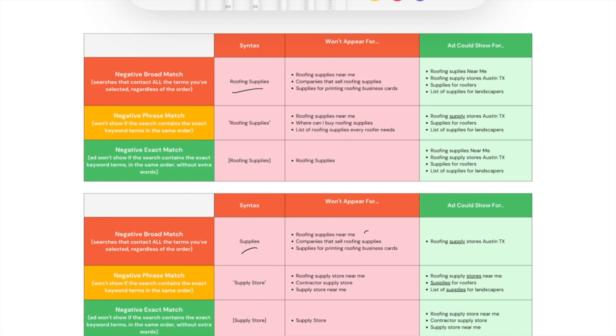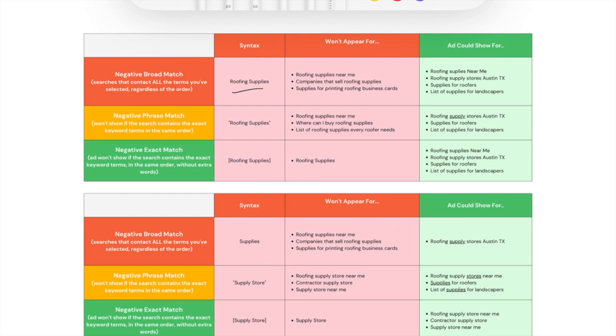So you're not going to show up for any of these. But again, you're still going to show up for supply. So you want singular, plural versions, misspellings. Those are all the different types of negative keywords that you're going to want to put in there, okay?